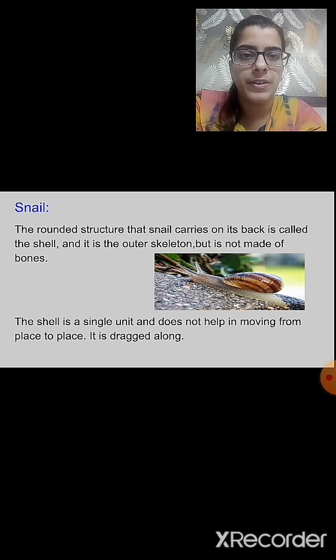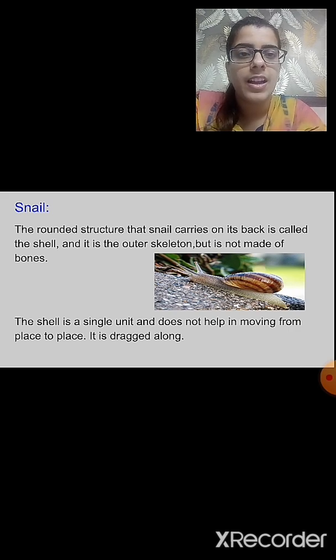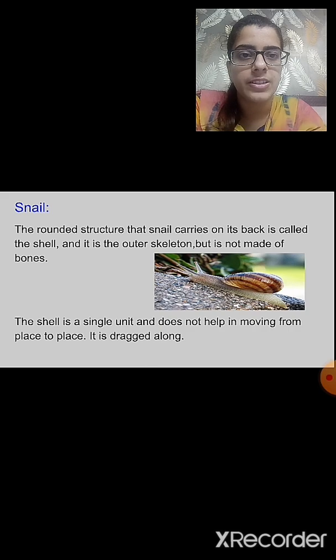Now, have you ever noticed the snail? How does the snail look? Have you observed the rounded structure on the snail's back? The rounded structure that the snail carries on its back is called the shell.